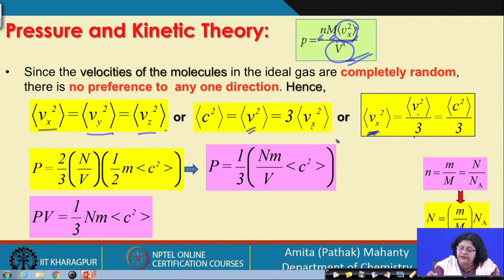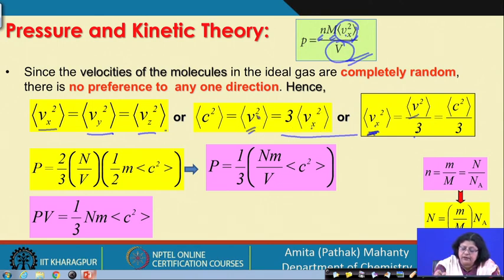So, if I have that, then I substitute that in the expression I have for the Vx component. Vx is what? We can write the velocity square, this is the RMS velocity or the root mean square velocity divided by 3. So, this comes from this expression where all of the velocities are equally probable.